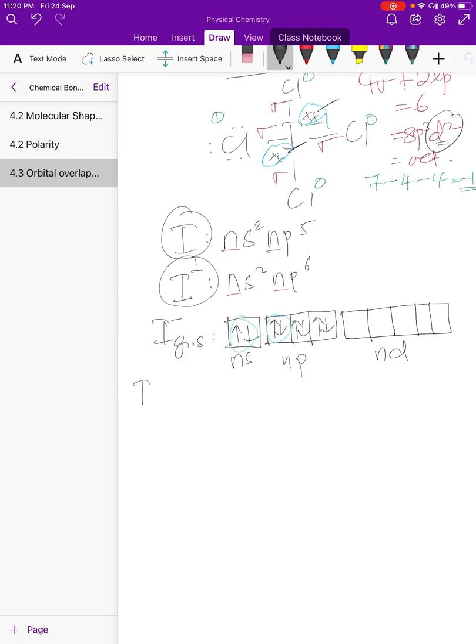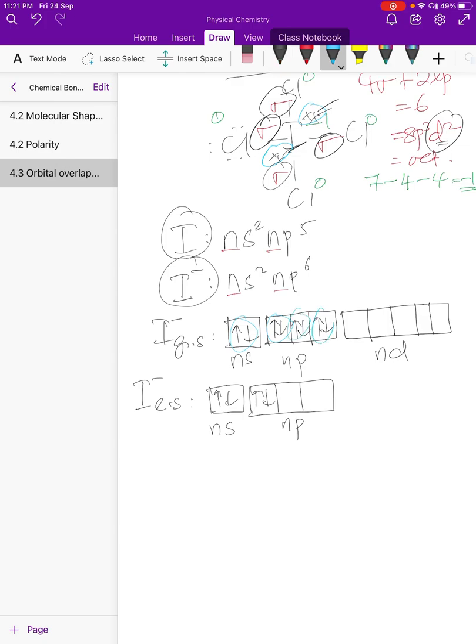So when you do the excited state, those two you don't disturb, because they represent the lone pairs on the central atom. However, we need to get four unpaired electrons. And if you check out here, we have all paired electrons. So from here, we have to excite.